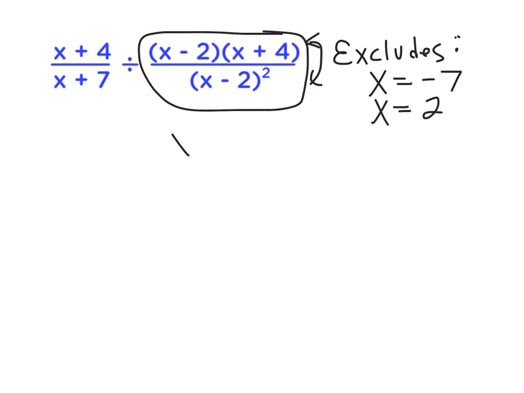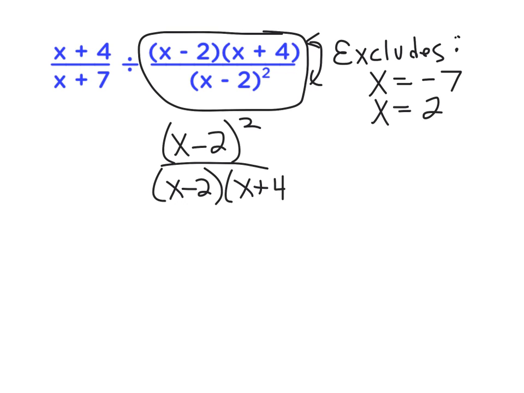So I've got x minus 2 squared on top and x minus 2 times x plus 4 on bottom. And now I can make it a multiplication. The main reason I did that is for multiplication, all I'll have to do is multiply straight across on top and straight across on bottom.